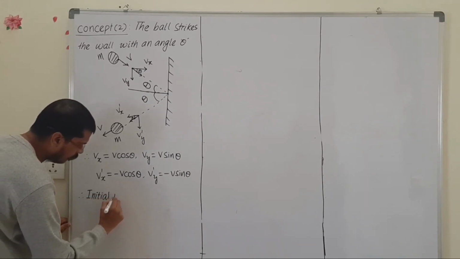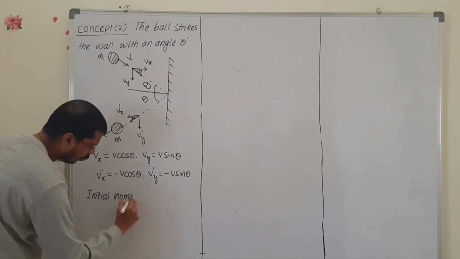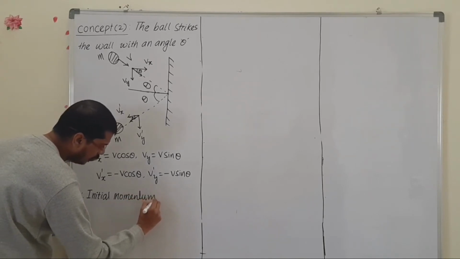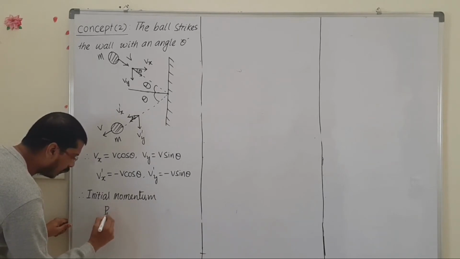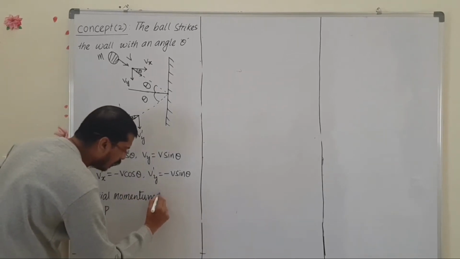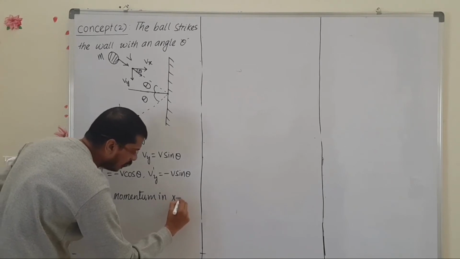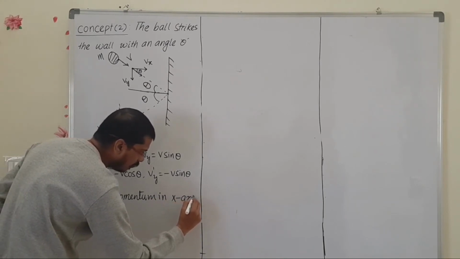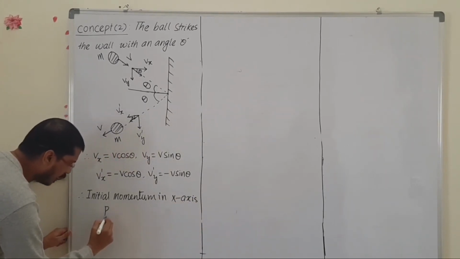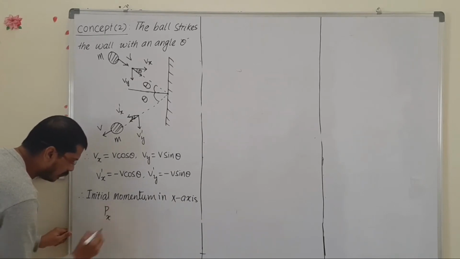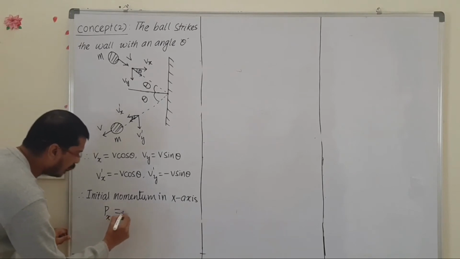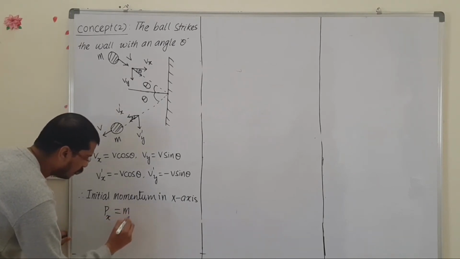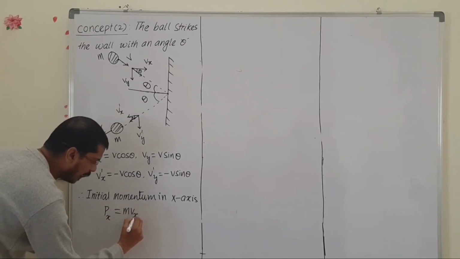Then according to this, initial momentum in the x-axis. Here we can write px. Now px equals what? Mass into velocity in the x direction, so mv cos theta, the initial momentum in the x direction. Then after that, the final momentum in the x direction.